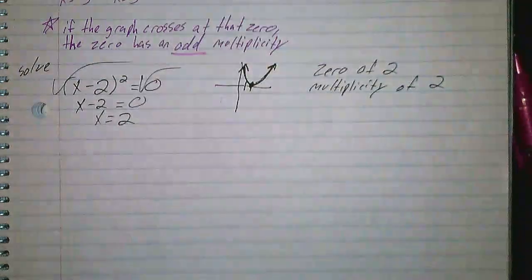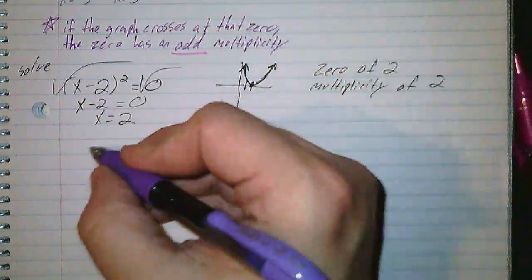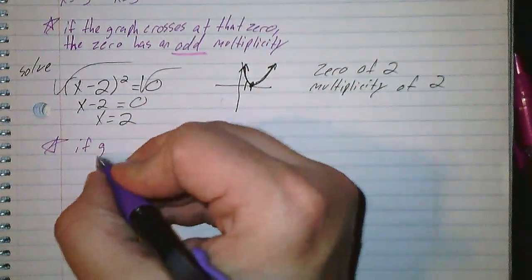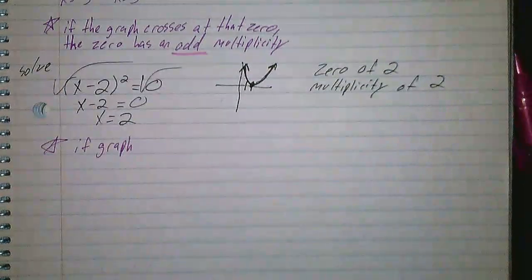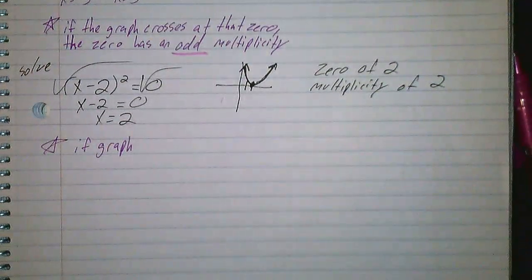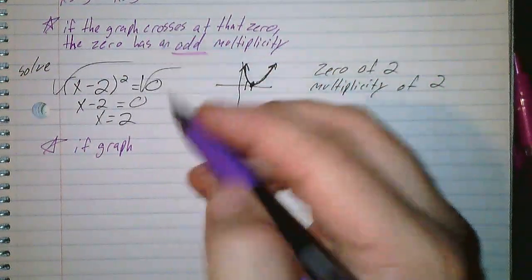And what's important to understand is that we're not crossing the x-axis here. I've seen people in textbooks use different words, bounces or touches, but the important thing is it is not crossing.